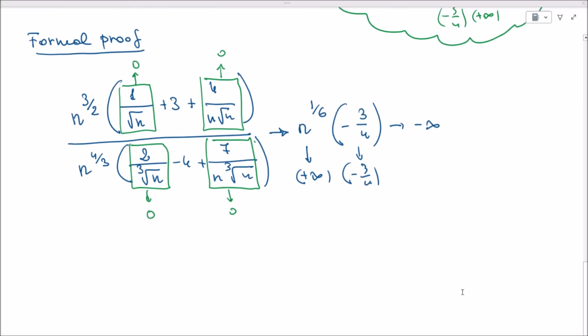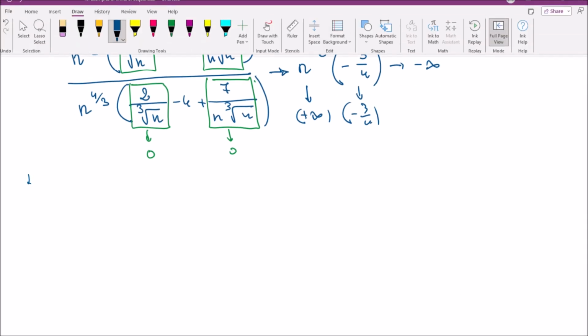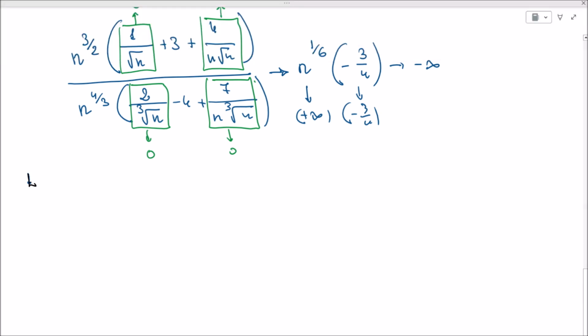Let's consider another example. Let's go to example 3. In this case we have the sequence n squared minus n sine of n.